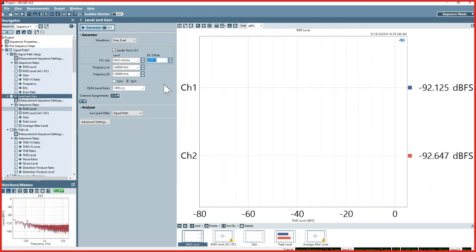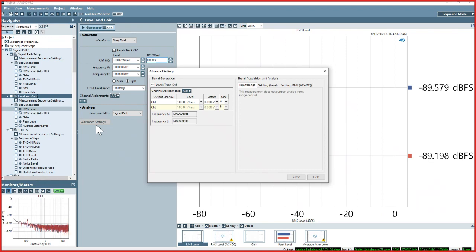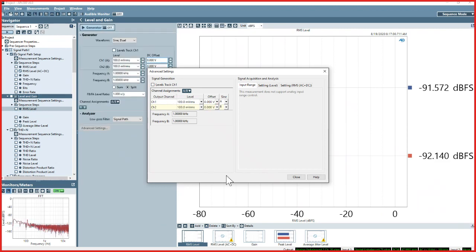So the answer directly is no. The DC offset's going to be the same. Well, actually, let me. Sorry, I'm wrong. You can, if you go into advanced settings, generate both a different amplitude value and DC offset value on both channels.